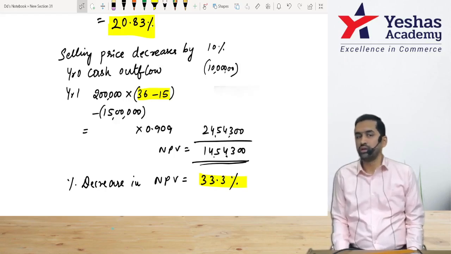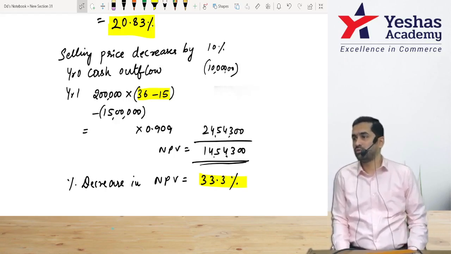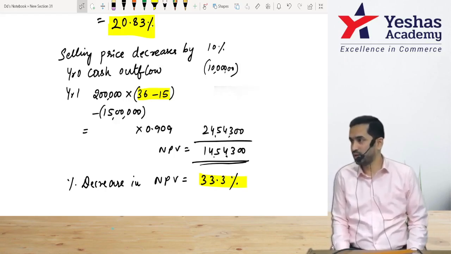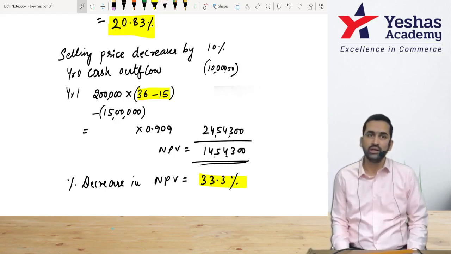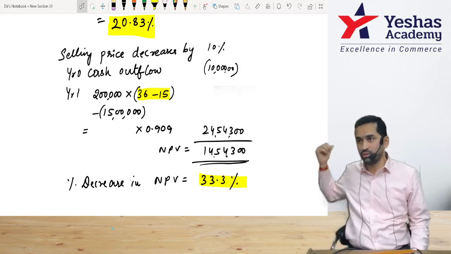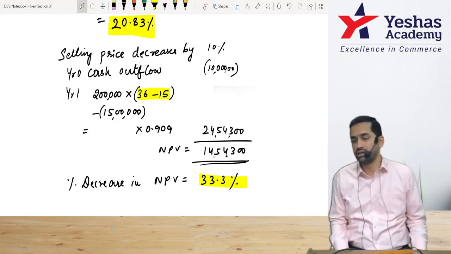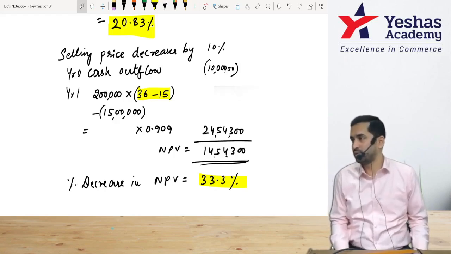If sales quantity goes down, then the businessman will not worry. But if selling price is going down, then he has to worry more, because a fall in price will hit you harder than a fall in quantity. Then you can get a small board printed and say no discount, because you know selling price going down by 10% will result in NPV going down by 33.33%.